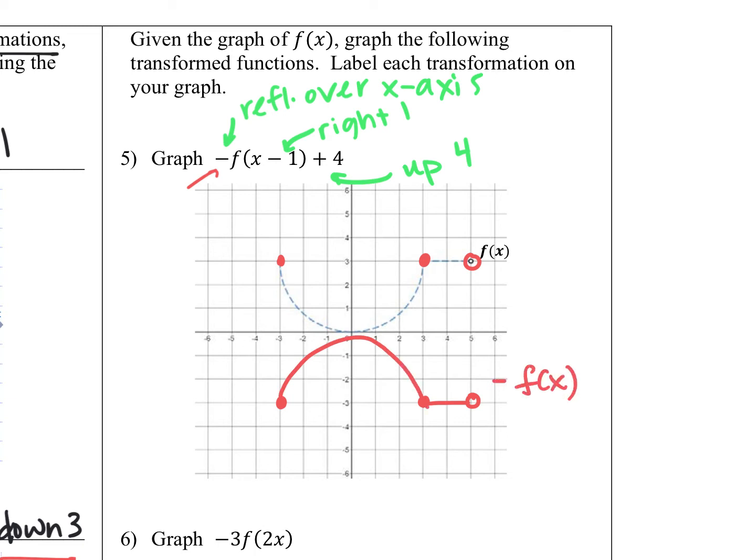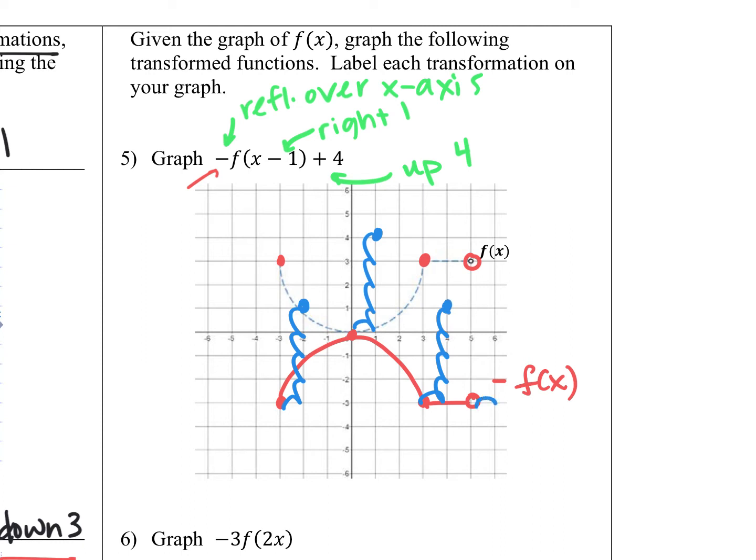But then we said we're going to be moving it to the right 1 and up 4. So taking each of those points, right 1, up 1, 2, 3, 4. So that's the top of that circle thing. Again, right 1, up 1, 2, 3, 4. Right 1, up 1, 2, 3, 4. So you have that little upside down cup.